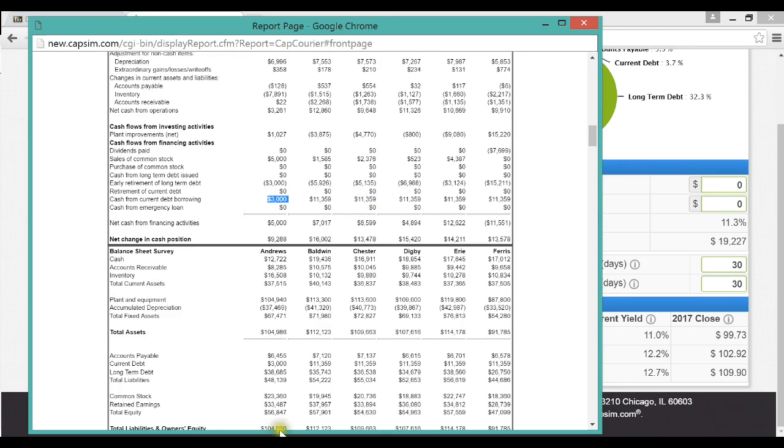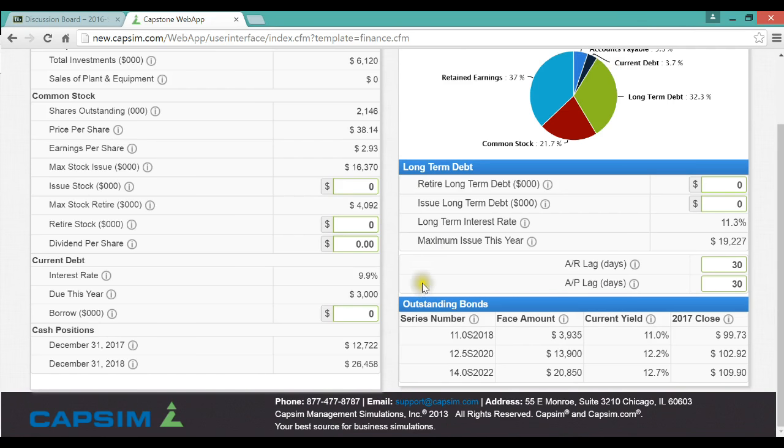And when we go down to long-term debt, I've got relatively higher long-term debt. And the reason that is, I suspect, is when you look at the interest rates. So here's my current debt, and the interest rate is 9.9%. Interestingly, the long-term debt interest rate is 11.3%.